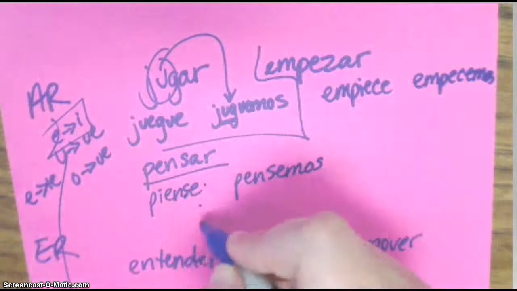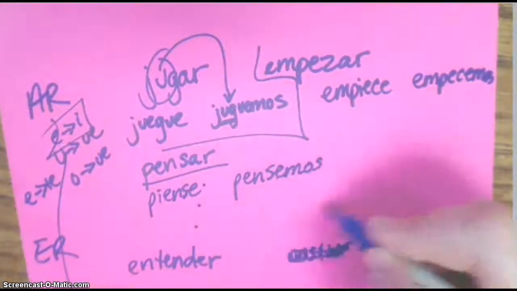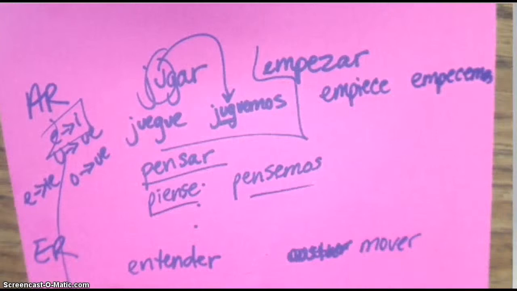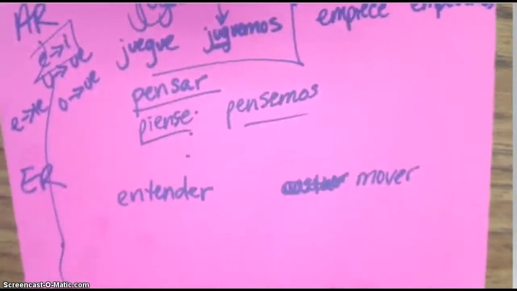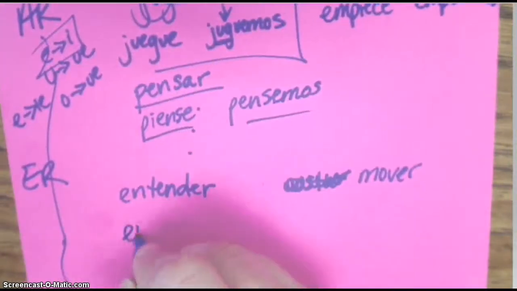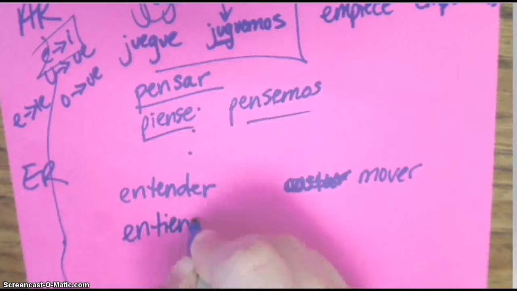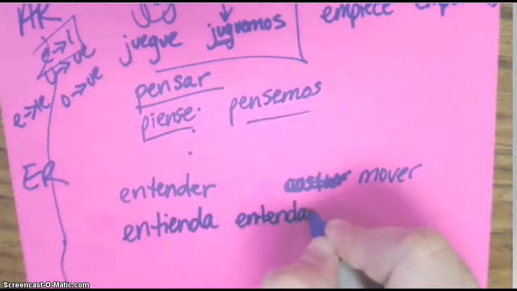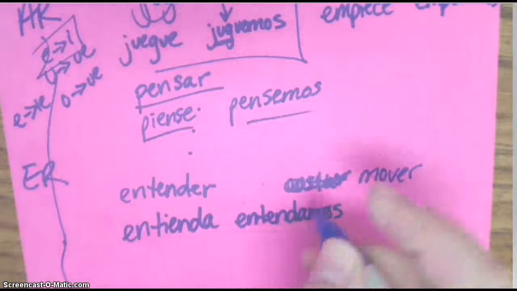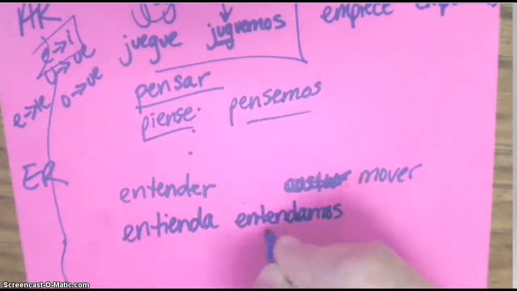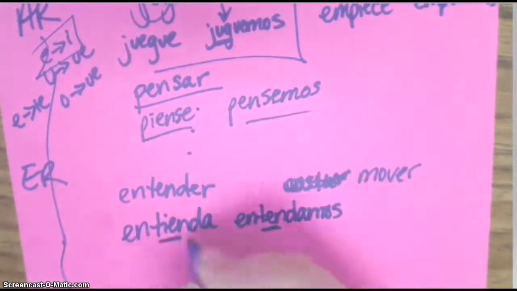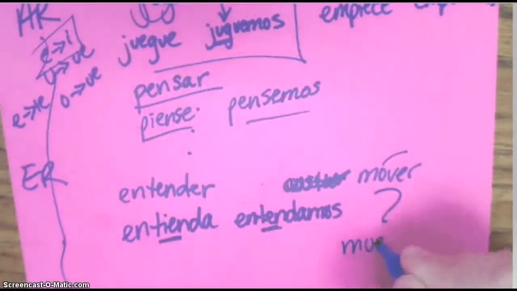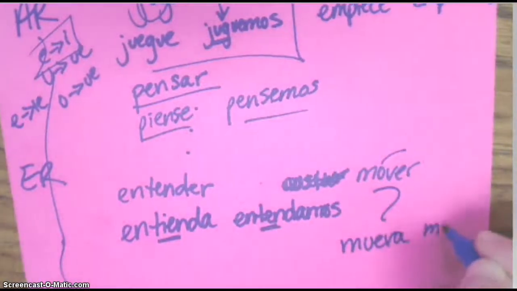Obviously, piense, pienses, piense, pensemos, piensen. But I'm giving you the differences between yo and nosotros right here. All right, ER, same thing. Entienda, and then entendamos. No stem change on the nosotros form. And then mover, that's an O to UE, so it'd be mueva, and then movamos.